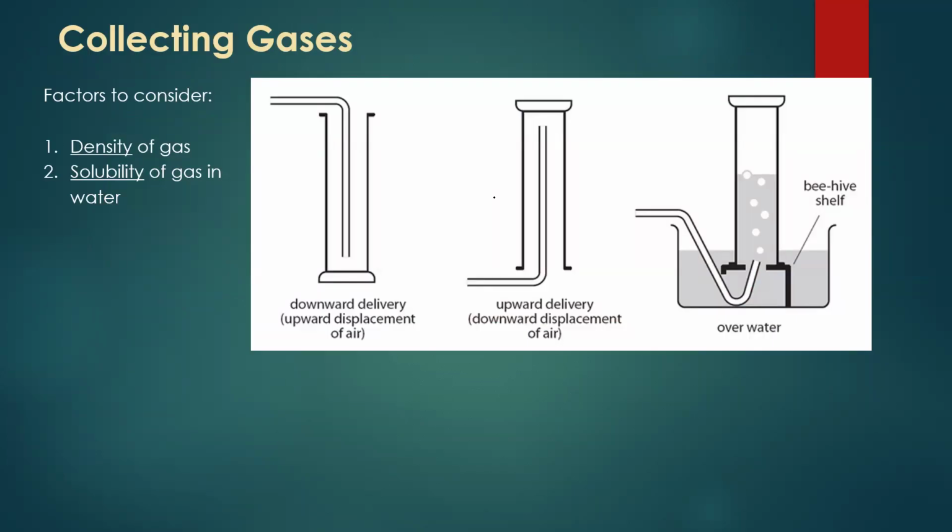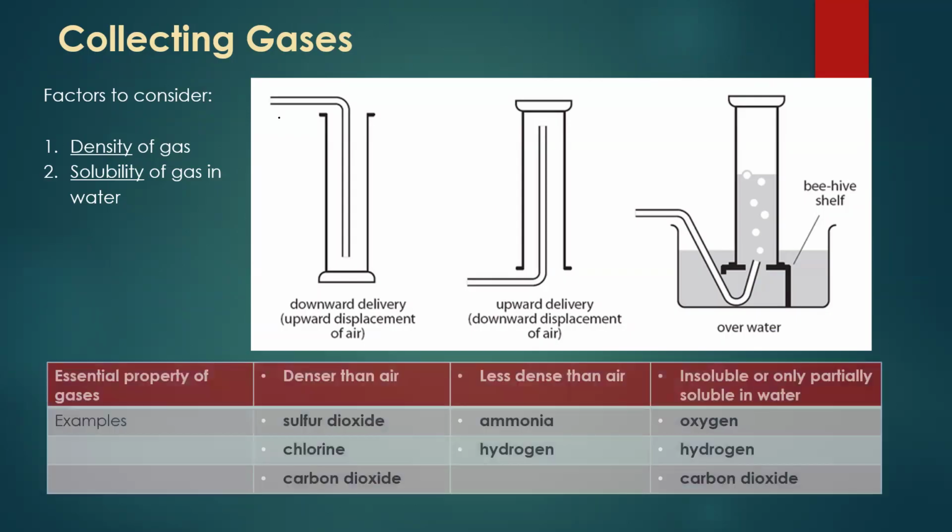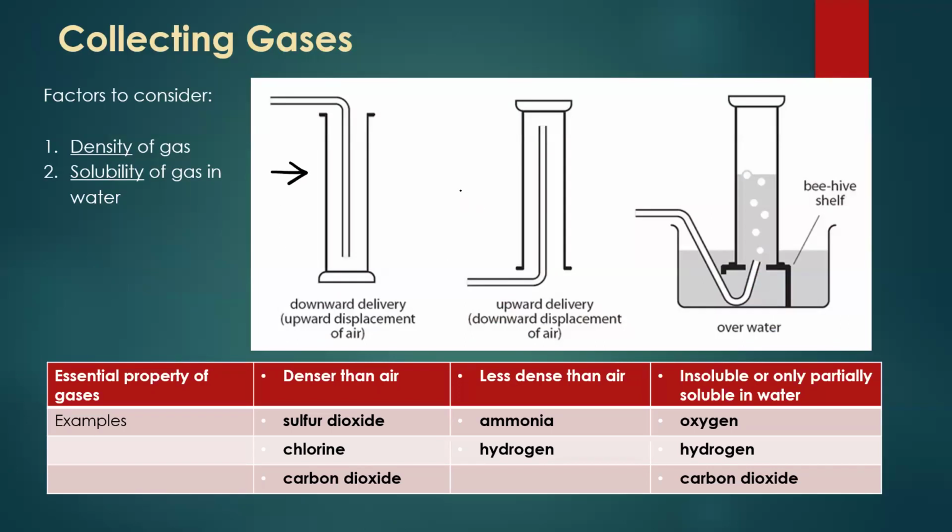Now, these are the apparatuses to measure or to collect gases. So, how will you collect the gases? It can be this jar, downward delivery. It can be this jar, upward delivery, or it can be a jar like this. Here are some properties which are written, and according to them, you have to choose which apparatus will be suitable.